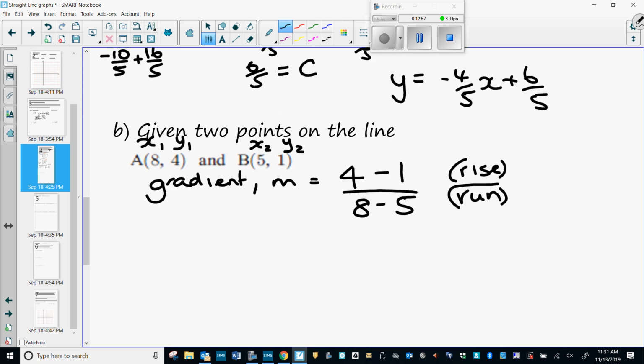Sorry. Right, okay, so we've got 4 take away 1 is? 3. And 8 take away 5 is? 3. What's 3 over 3? 1. Oh, our math skills are outstanding today. Good question. Right, so we've got our gradient now, so we know that it's 1. Where does that 1 go? Before x.